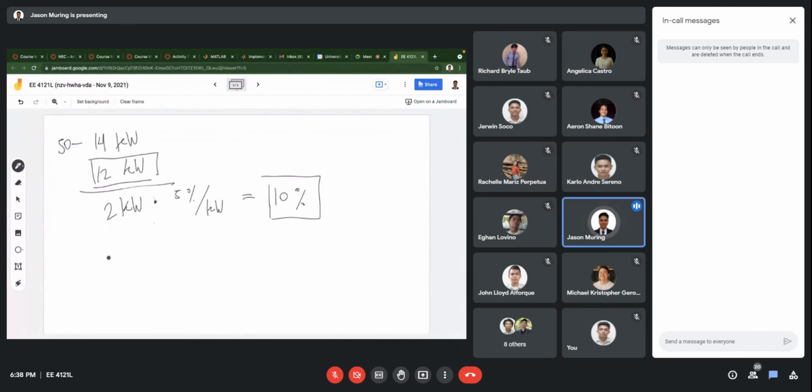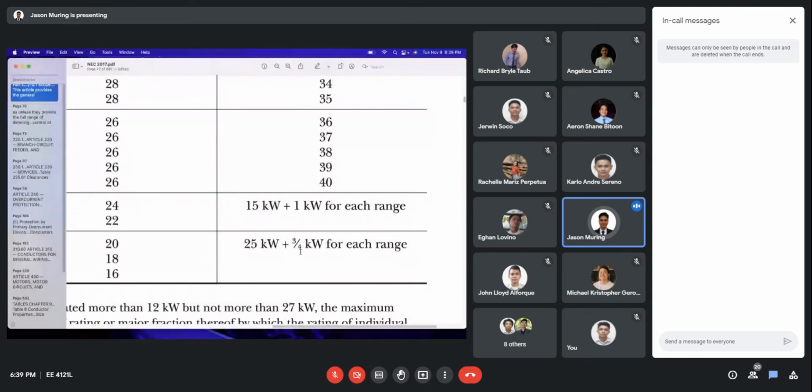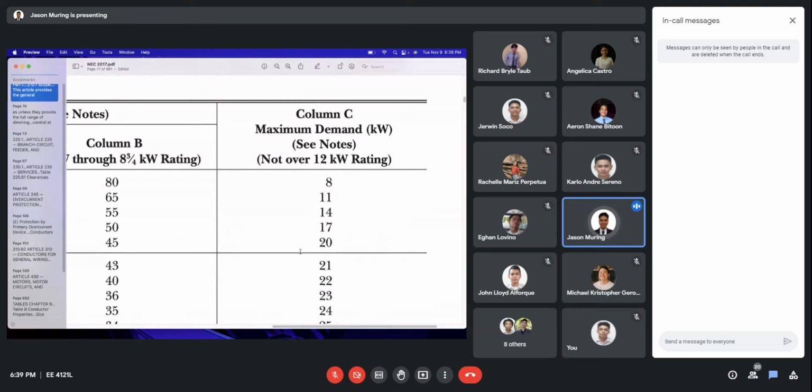Okay, so 25 plus 3/4, not over 12 kilowatts. So wait now.